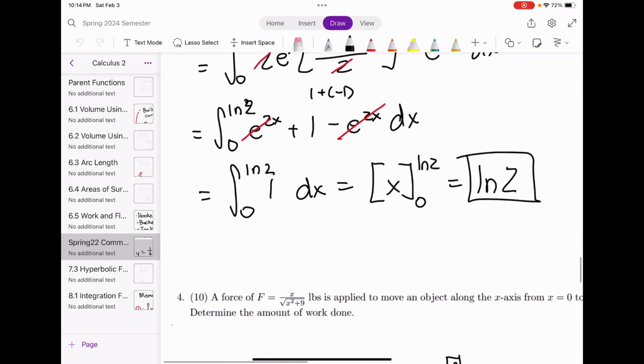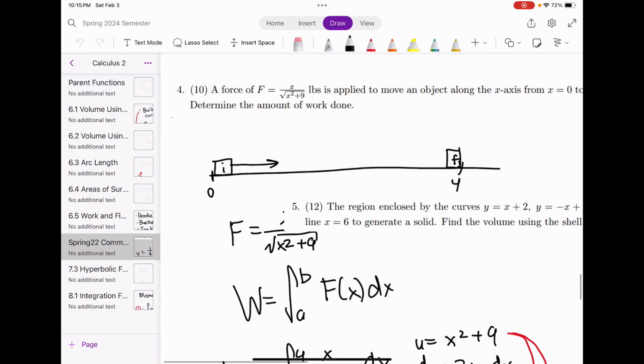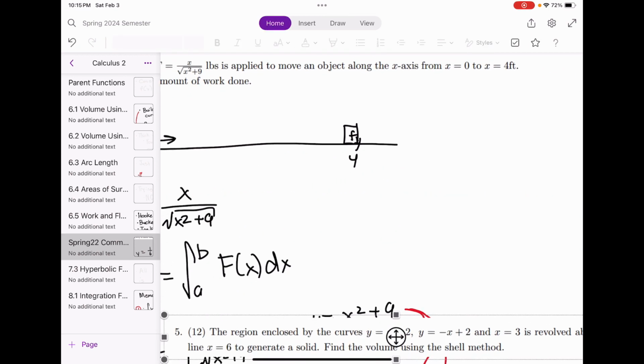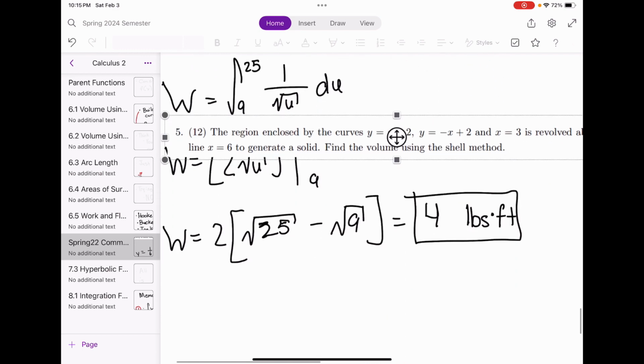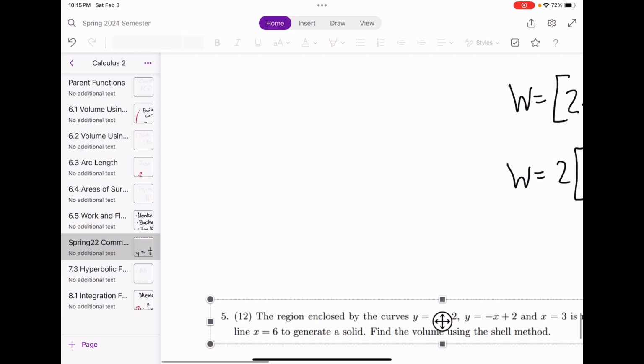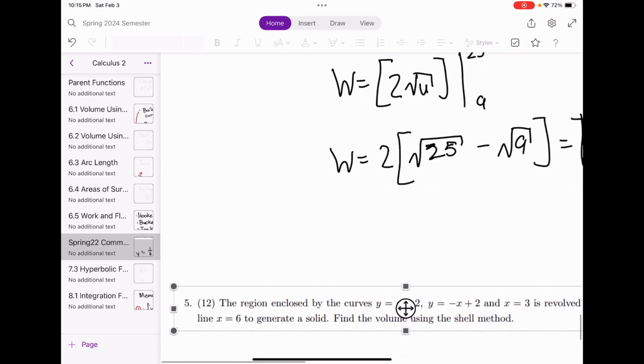Where'd I put the question? Oh shoot. Okay, quick movement. So, number 5.